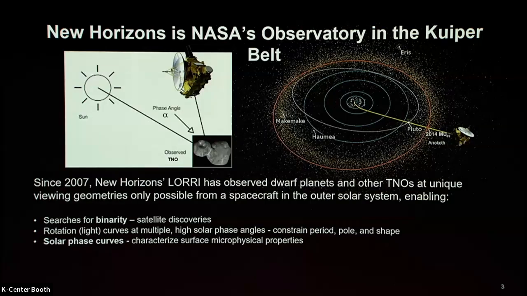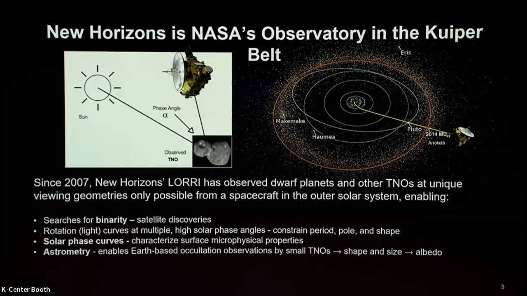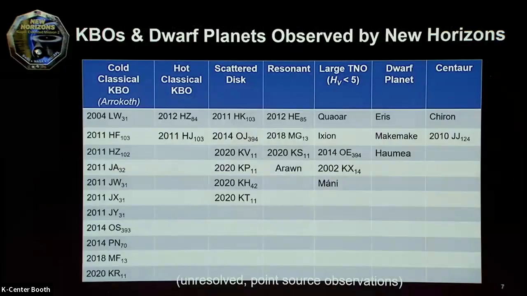We get these solar phase curves that help us characterize surface microphysical properties. And we also get astrometry, good indications of where those objects are in their orbits, which help with predicting Earth-based occultation observations, which can also get you the shapes and sizes and albedos. But this talk is going to focus mainly on the solar phase curve aspect.